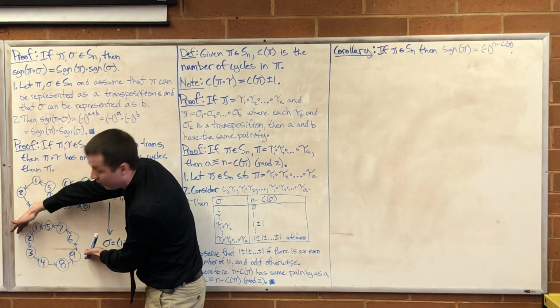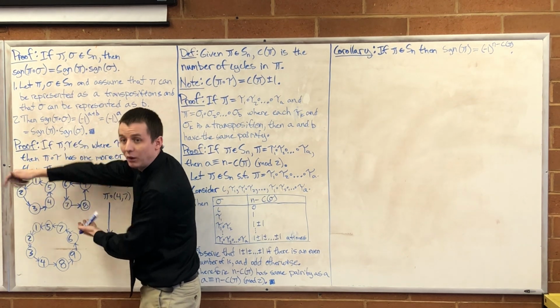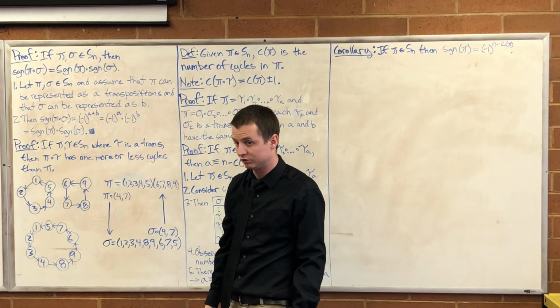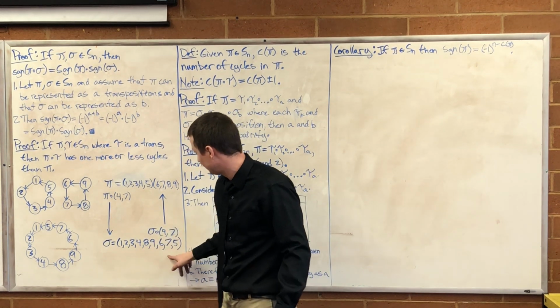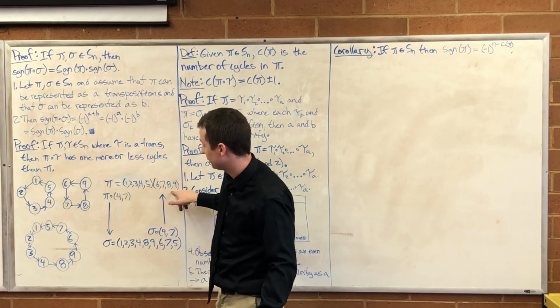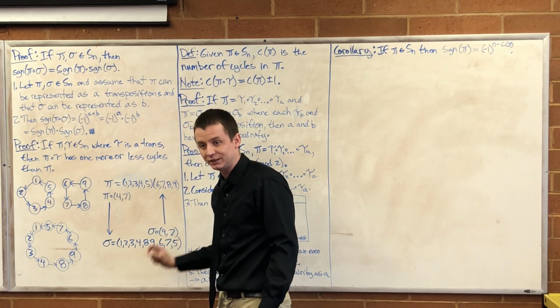And if both elements in my transposition come from the same cycle, it's going to split the cycle. And so I'm either going to add a cycle or remove a cycle when I compose with the transposition. When I took this and composed it with the transposition, I added a cycle. When I took this and composed it with the transposition, I got rid of the cycle. Does that make sense?